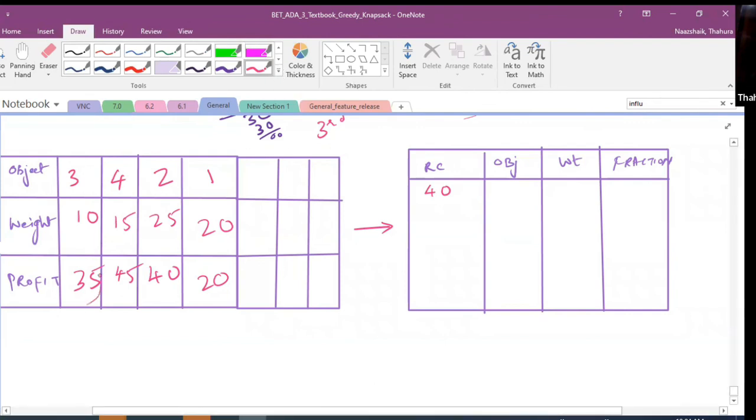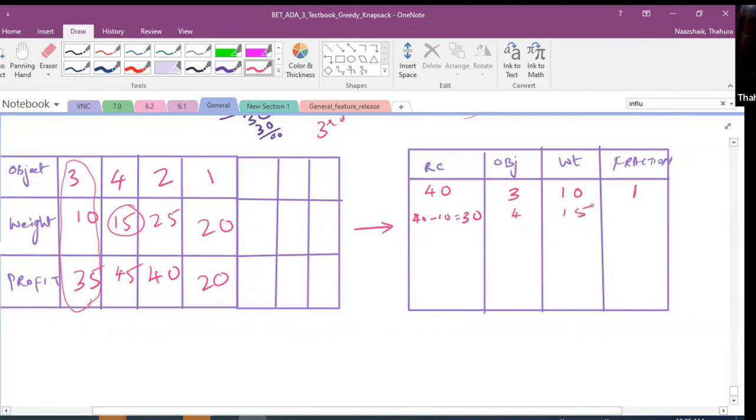So same thing, pick the first object. Here you don't have to do anything, just pick it up. Fraction, right? So I'll put full. So remaining capacity is 40 minus 10, 30. Yes, I can pick the second one also.